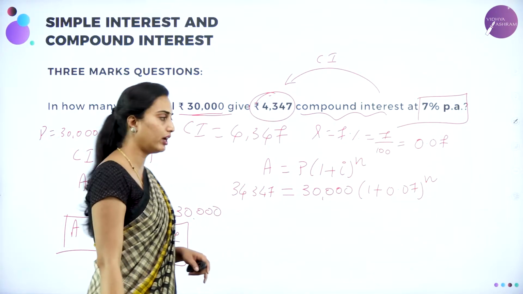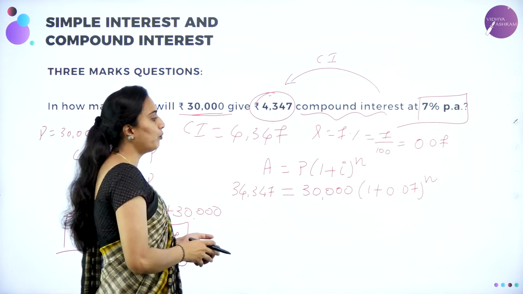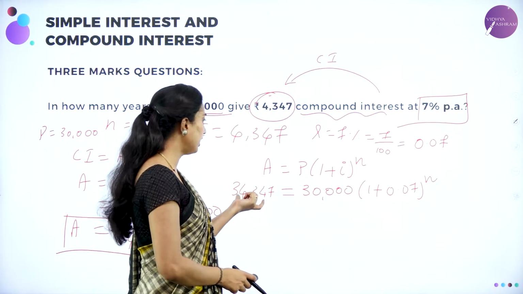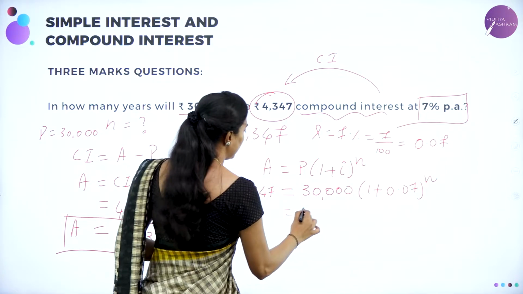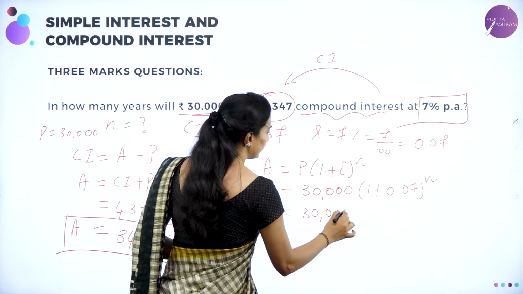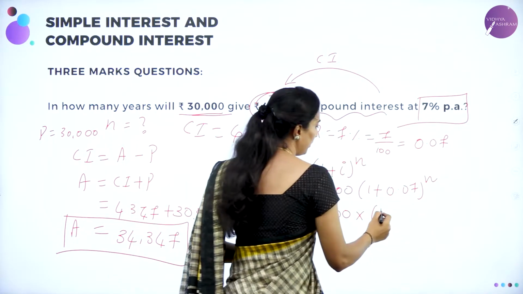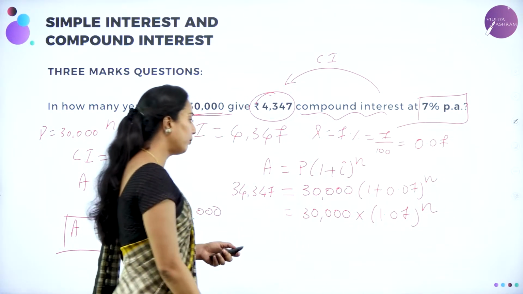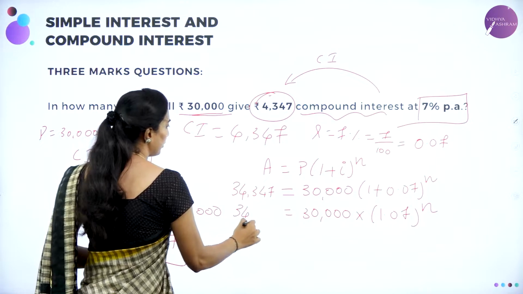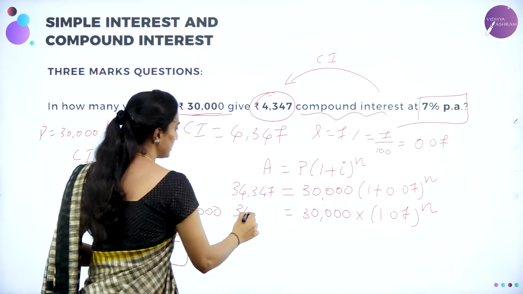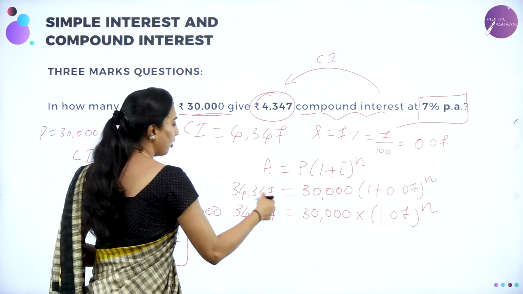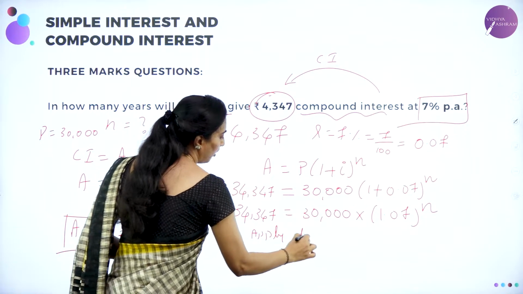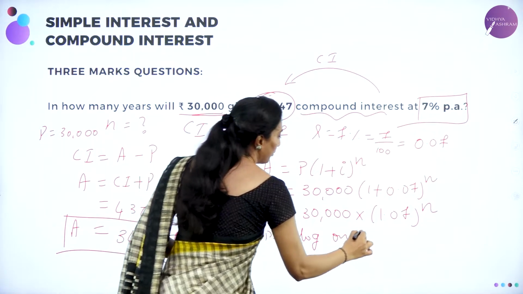Let me write it as 30,000 into 1.07 whole to the power of n. Now, I want to apply log on both the sides because the power is there. I cannot multiply this inside. So apply log on both the sides.